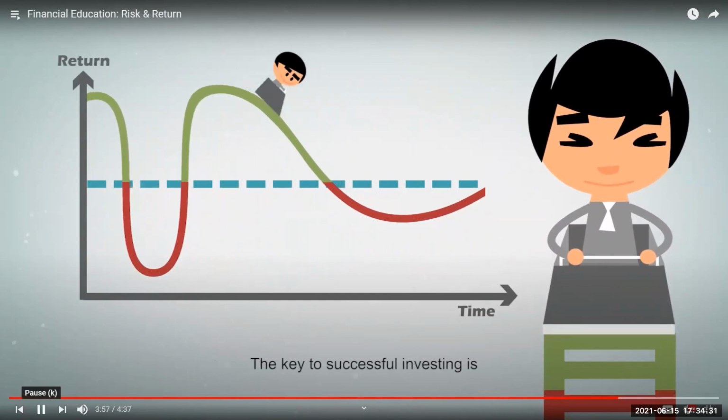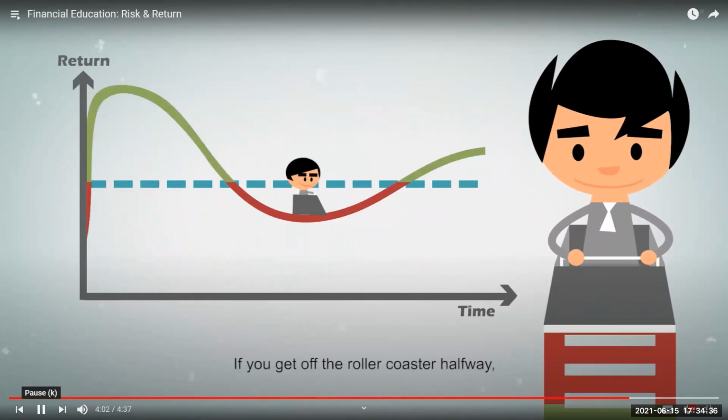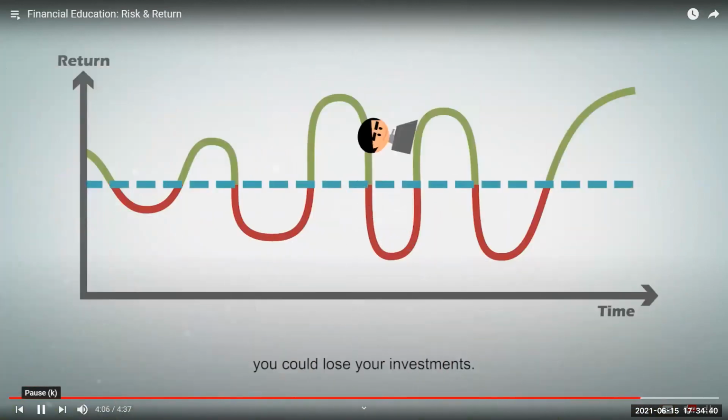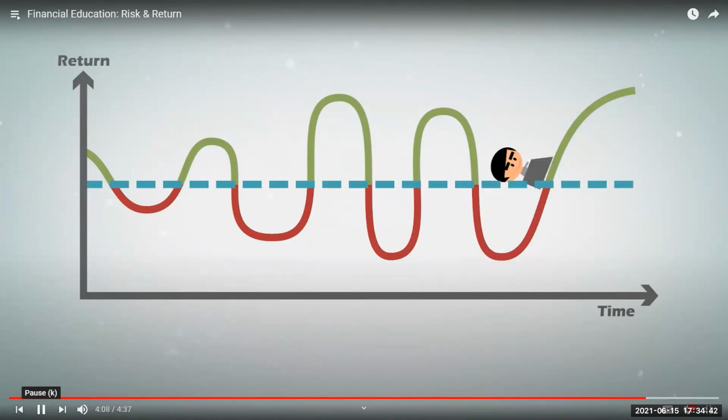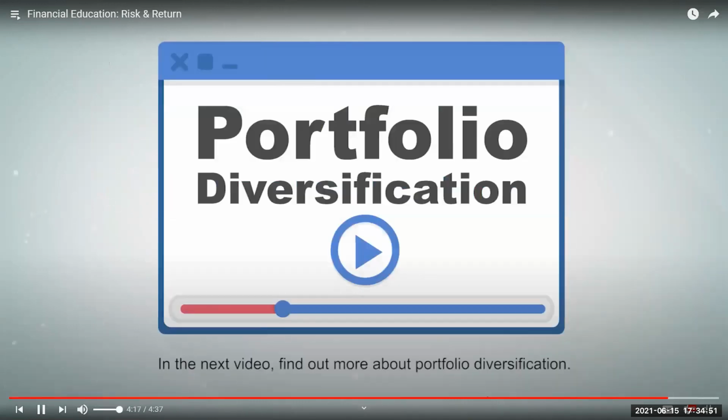The key to successful investing is the ability to stay invested. If you get off the roller coaster halfway, you could lose your investments. By staying invested, you may also ride out market volatility and business cycles. In the next video, find out more about portfolio diversification.